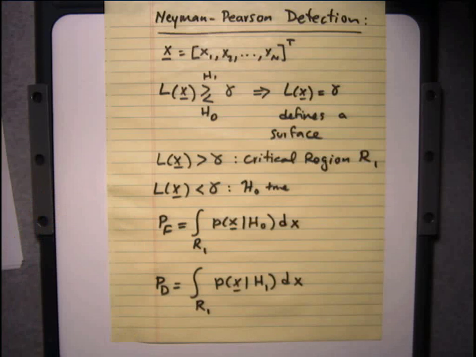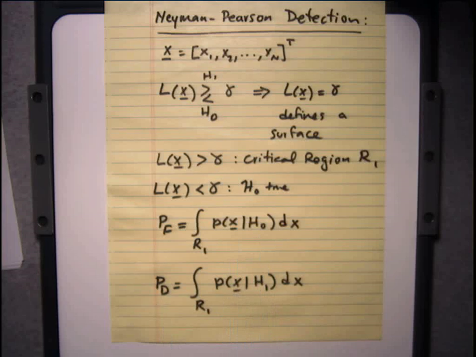What I want you to note is that for the false alarm, we're integrating the joint probability density function for all the data given the H0 hypothesis. For probability of detection, we're integrating the PDF under the H1 hypothesis.